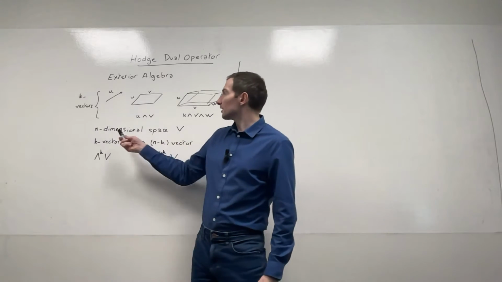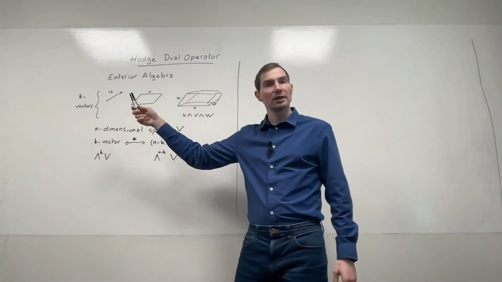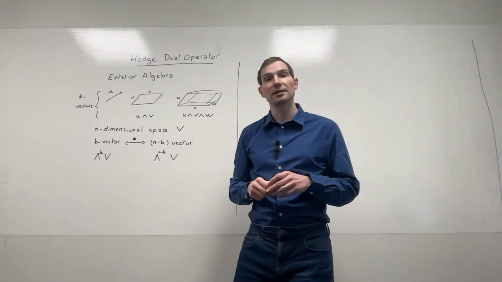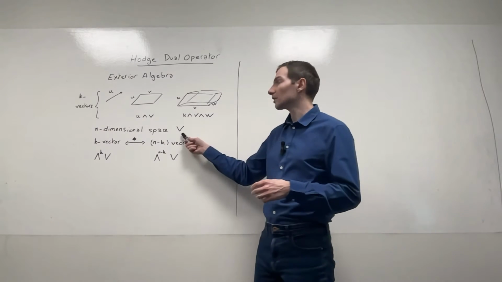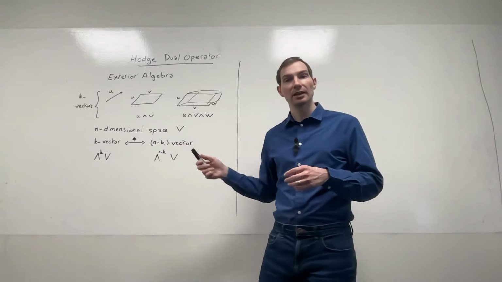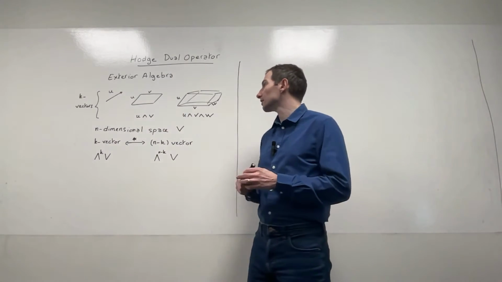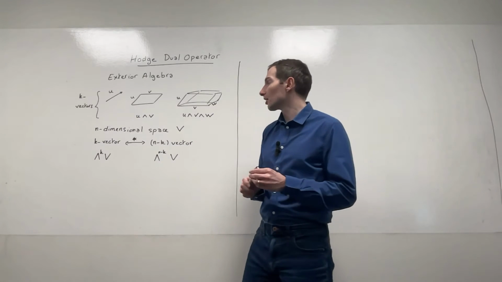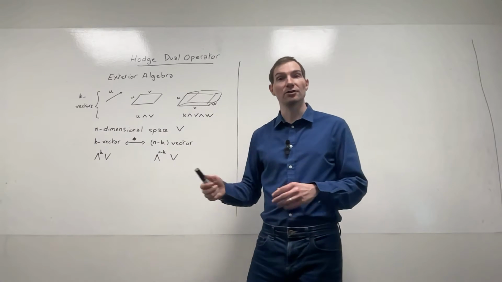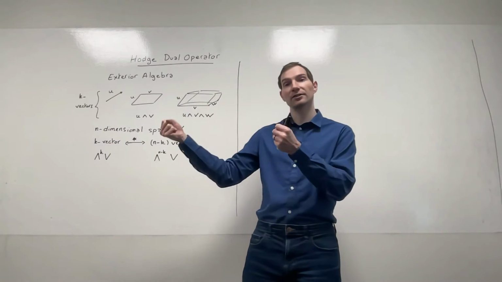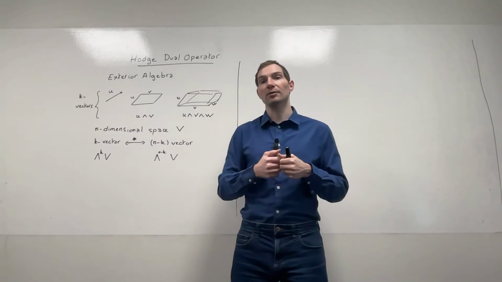Now, this particular object here, for example, can be viewed at least as a subset of an n-dimensional vector space that I call capital V. These objects, the two vectors and the three vector, usually are denoted lambda k of V. What that means is that you take vectors from V, and then you take the exterior product k times.